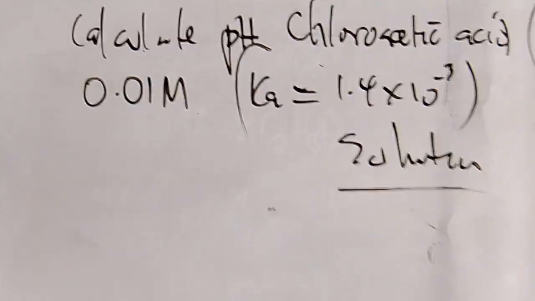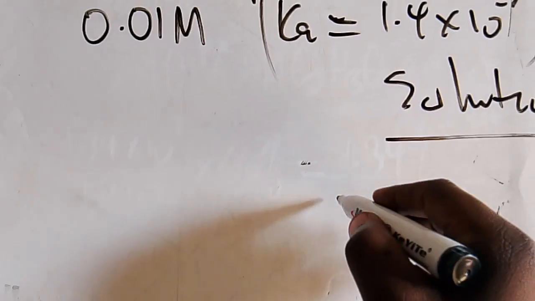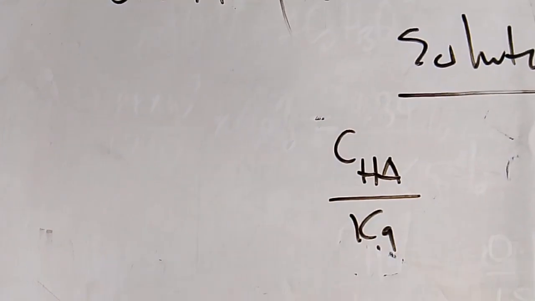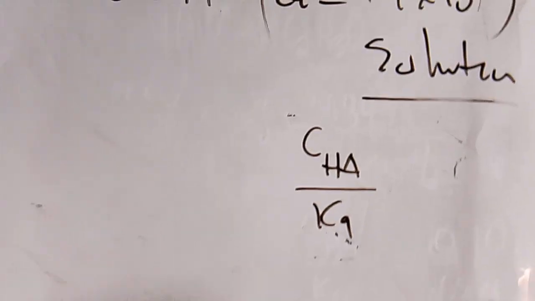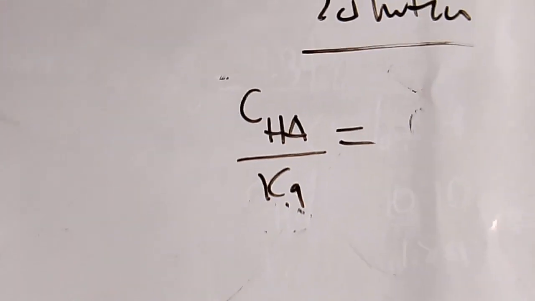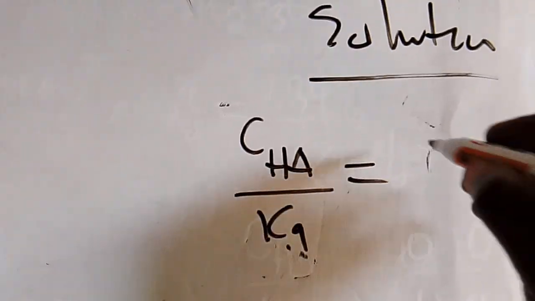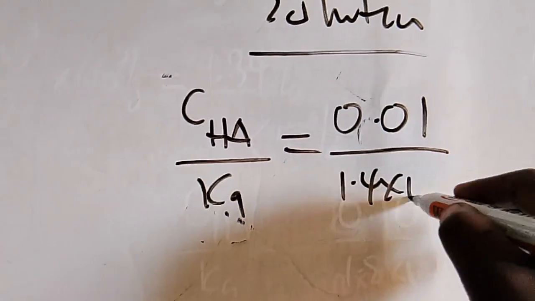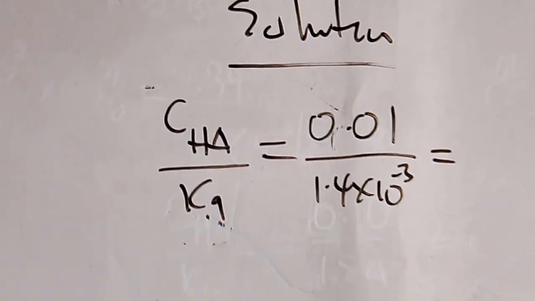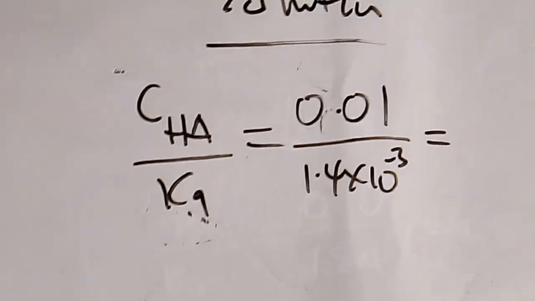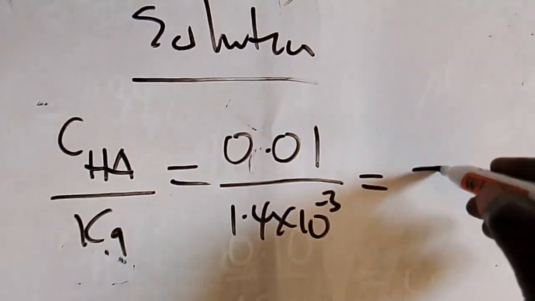Solution. The first thing to do is to check the concentration of acid over Ka. The concentration of acid in this case is 0.01, and Ka is 1.4 times 10 to the power negative 3. We divide this number, and it gives us 7.1.